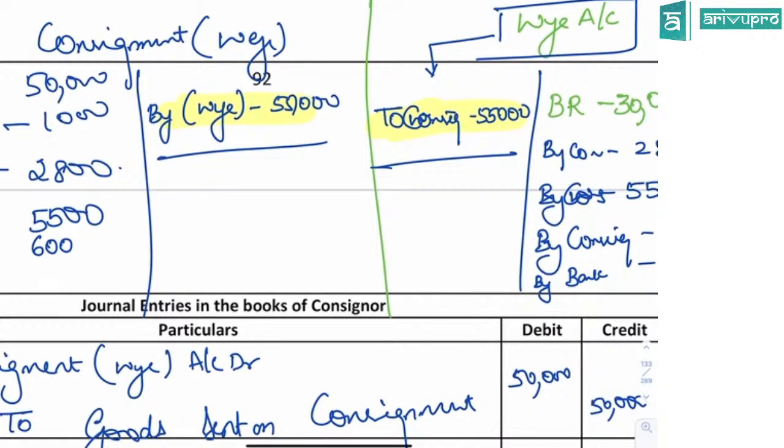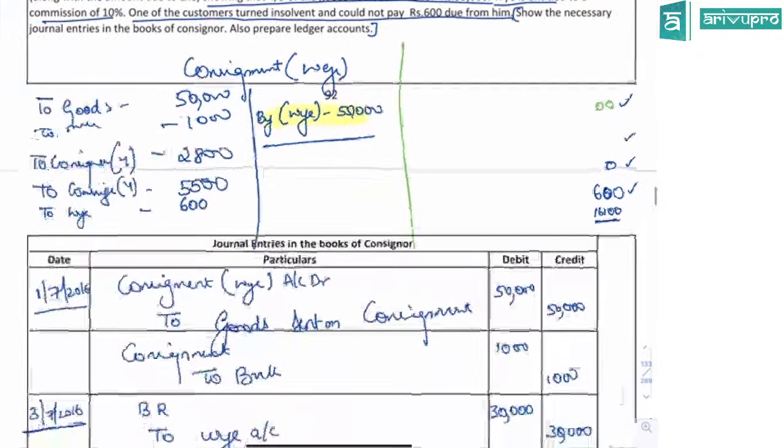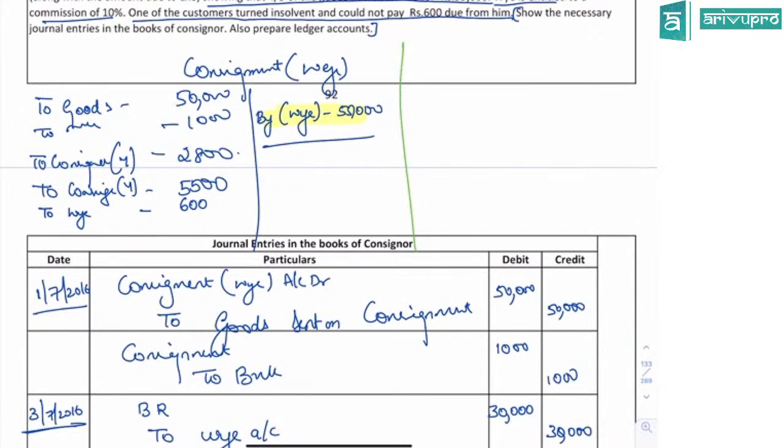If I do this as a trading account and try comparing, let's check whether all the things have come in. In trading account, you should have an opening stock. In this question, there is no opening stock, so that is taken care of.